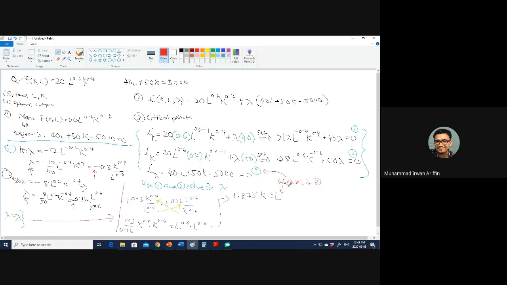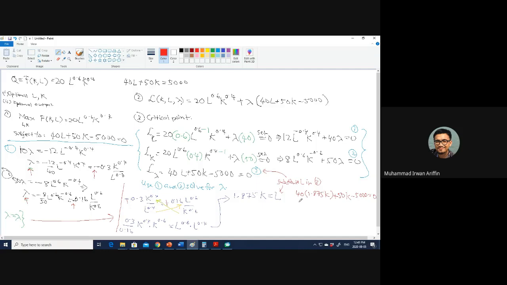So we're going to have 40L, which is 1.875K, right? This is our L, plus 50K minus 5,000 equals 0.